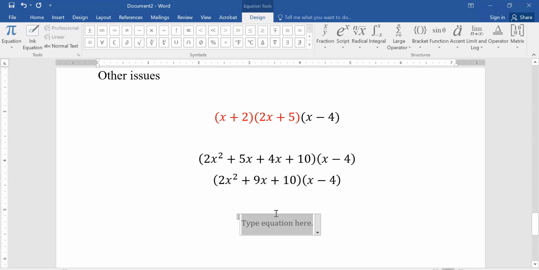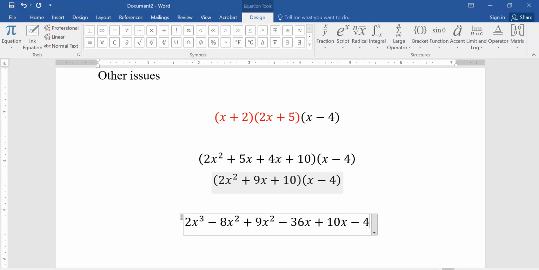So 2x squared times x is 2x to the third. 2x squared times negative 4 is minus 8x squared. 9x times x is a plus 9x squared. 9x times negative 4 is minus 36x. 10 then gets multiplied, so 10 times x is plus 10x. And then 10 times negative 4 is a minus 40.